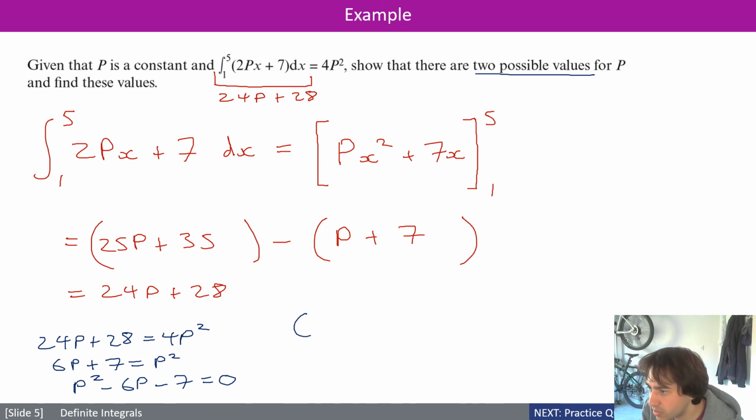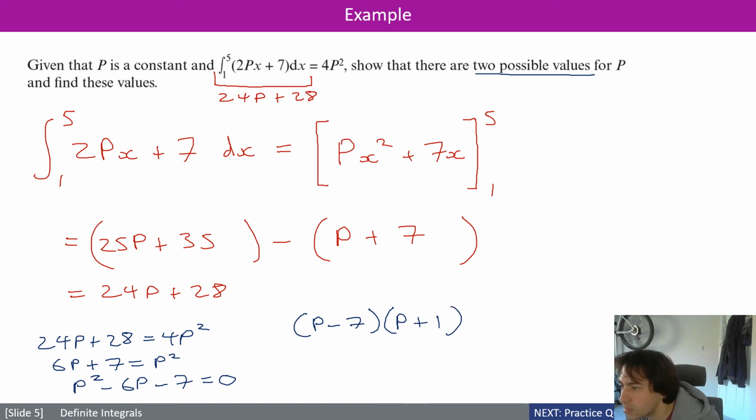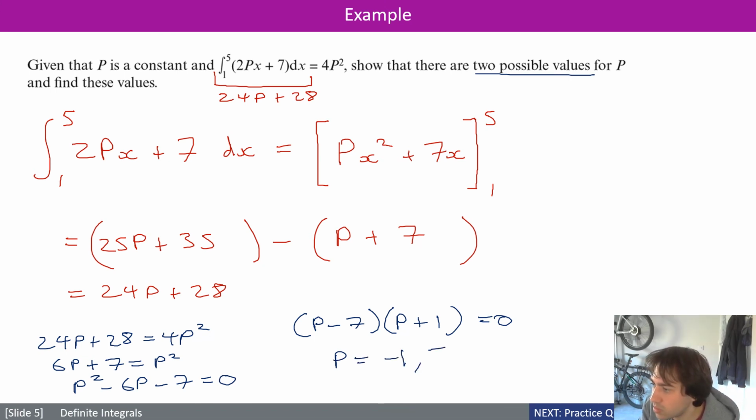That factorizes to p minus 7 times p plus 1. And that tells us p is equal to either minus 1 or 7. Yeah, and that's it. That's the answer there.